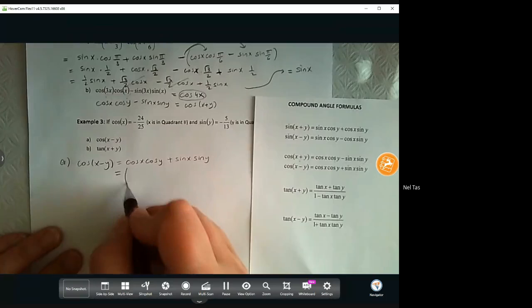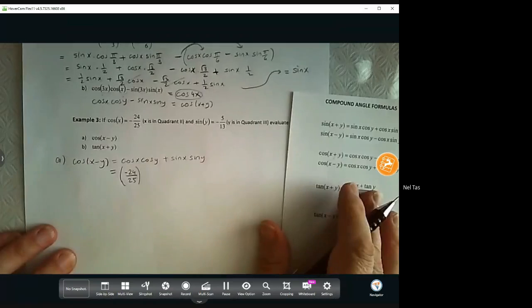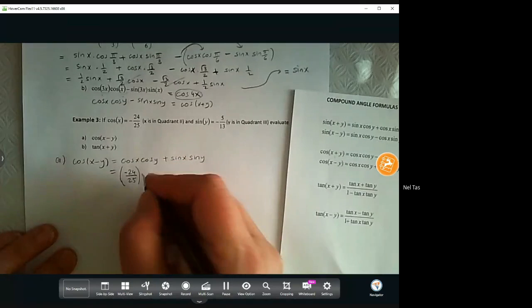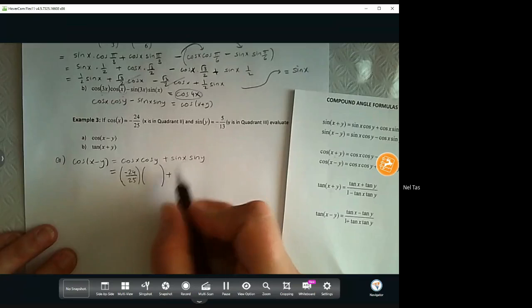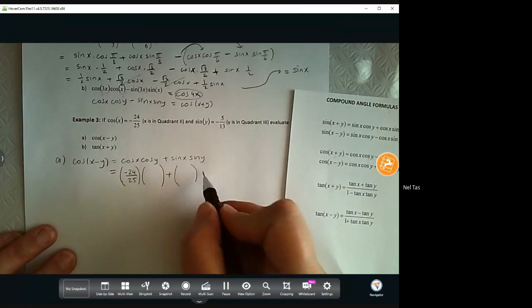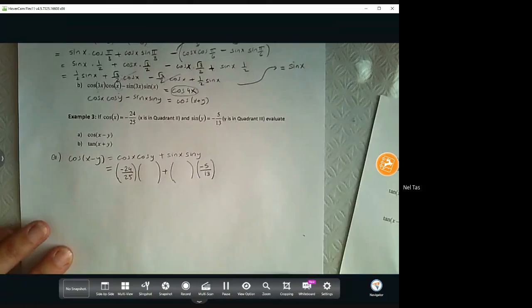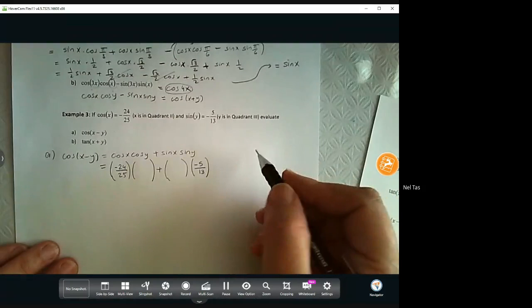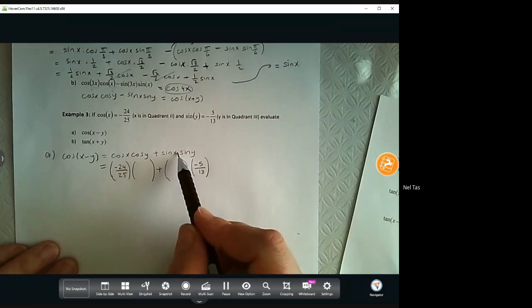Cos x is negative 24 over 25. Cos y, we don't know that one yet, and sine x, again, we don't know that. But sine y is negative 5 over 13. All right, so now it looks like we need to calculate cos y and sine x.